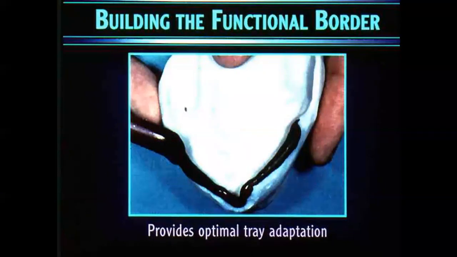Building the functional border with tracing stick compound. This is the material we use during making the final impression, building the borders with this material before taking the final impression with zinc oxide eugenol material.